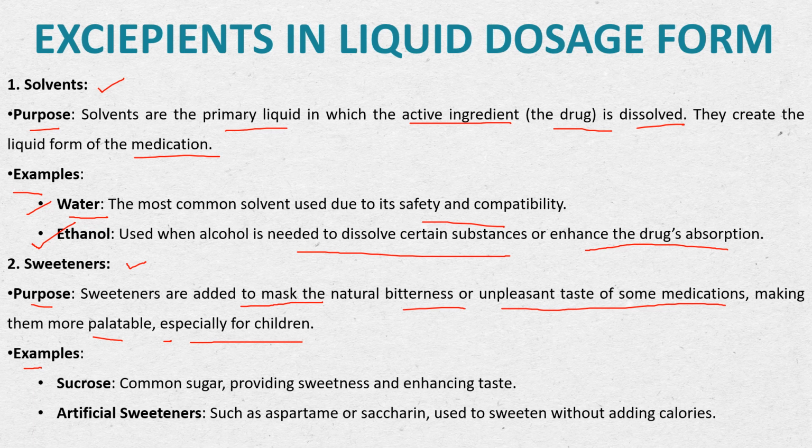What are the examples of sweeteners? First is sucrose, a natural sugar, a common sugar providing sweetness and enhancing taste. Next are artificial sweeteners such as aspartame or saccharin, used to sweeten without adding calories.